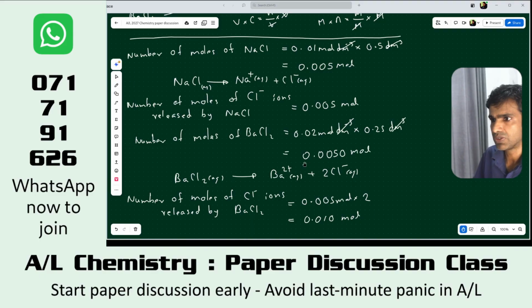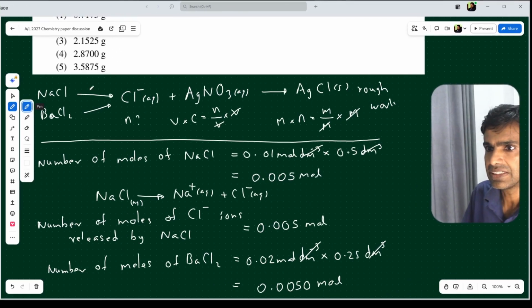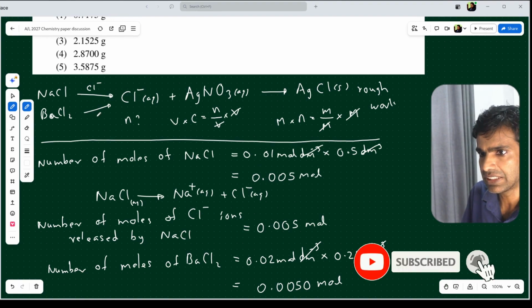Then what do we need to do? Now we know the number of moles of chloride ions released by sodium chloride and by barium chloride.